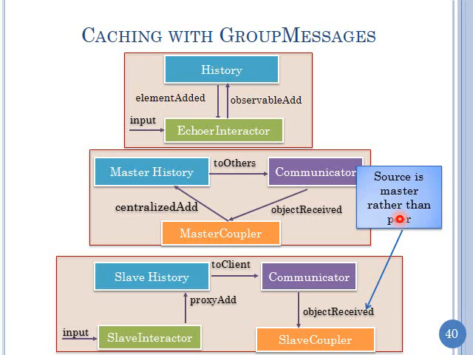I'm saying if the slave coupler thinks that the change came from the master, then it has to forward it to the slave history. So either we change the message the master communicates to the slave that says this was the user that originally made the change, and that's probably the better option.